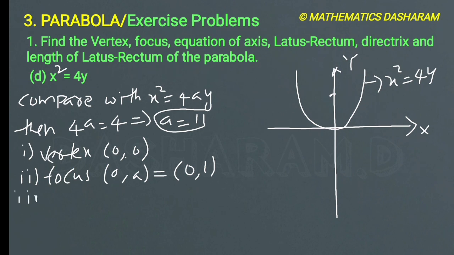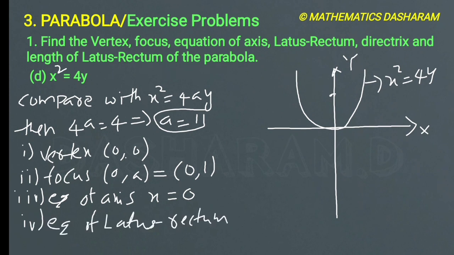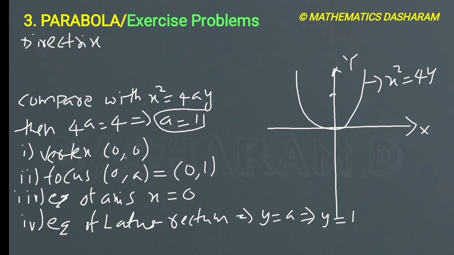Next, the third one is equation of the axis. Here the axis means the symmetry of the parabola through the y-axis, so the equation of the axis is x equals 0. Next, the fourth one is equation of the latus rectum, that is y equals a, so y equals 1. Next, the fifth one is equation of the directrix.